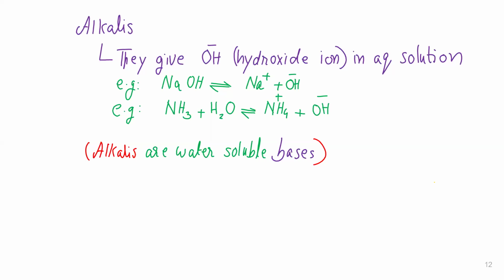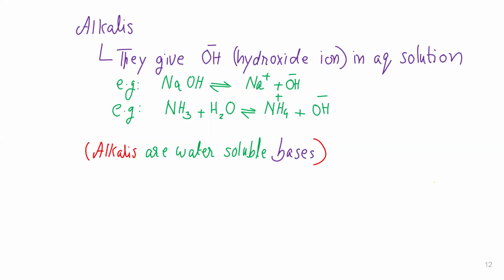So in the second one, NH3 plus H2O, is that a weak alkali? Yes, ammonia is a weak alkali. So does that mean the pH of it will be towards the center of the pH scale?